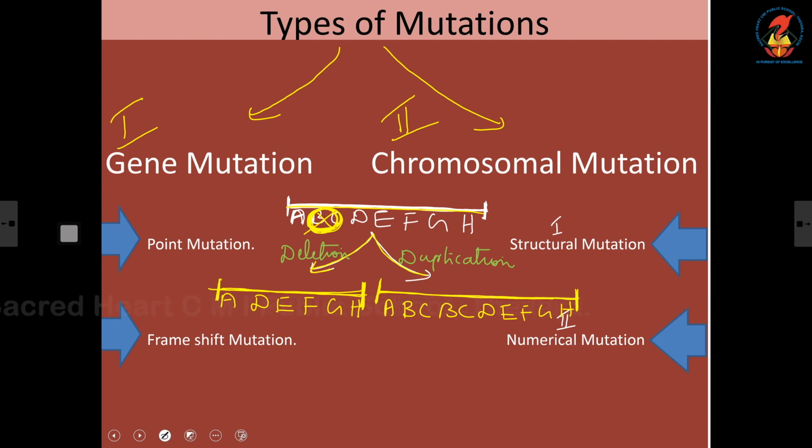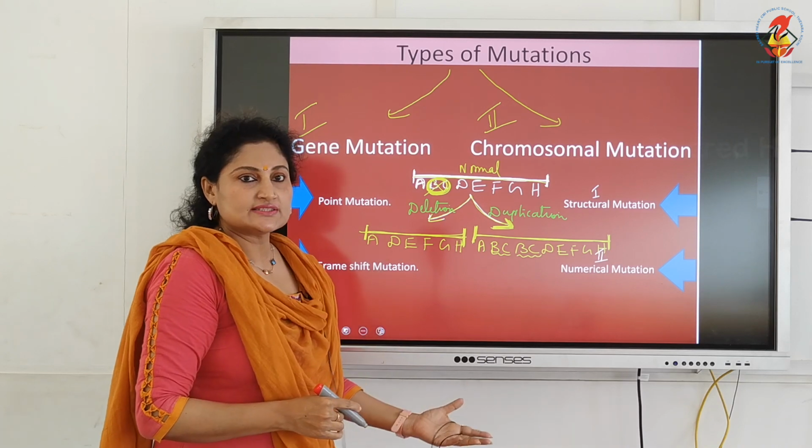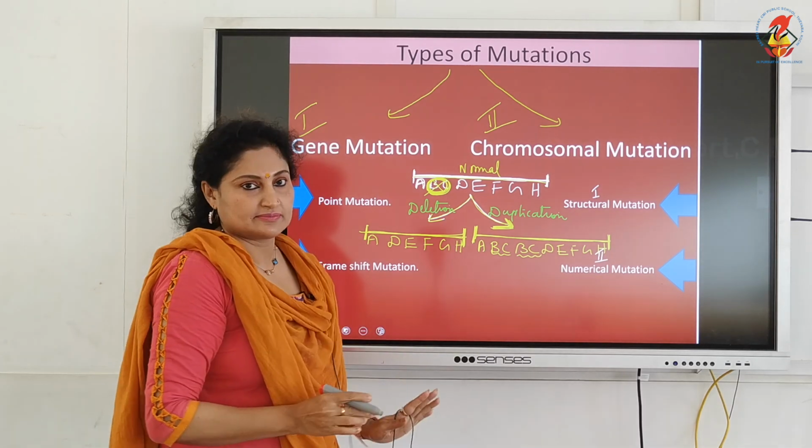So, this is also a structural aberration or structural mutation where it has altered from the normal structure by addition or by gaining a segment. The segment gained is BC. So, in these two cases, deletion and duplication, the structure of the chromosome gets altered either by losing a segment or by gaining a segment.